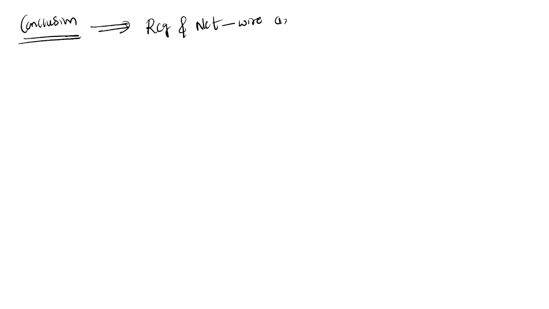Wires are unsigned data types. Unsigned data types means what? Whether you are giving negative numbers, normally it will store in terms of 2's complement, but when you want to display the 2's complement number, it will display in terms of a positive number only. That is nothing but an unsigned data type.